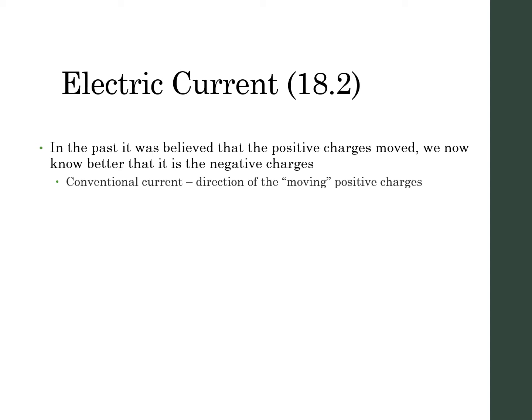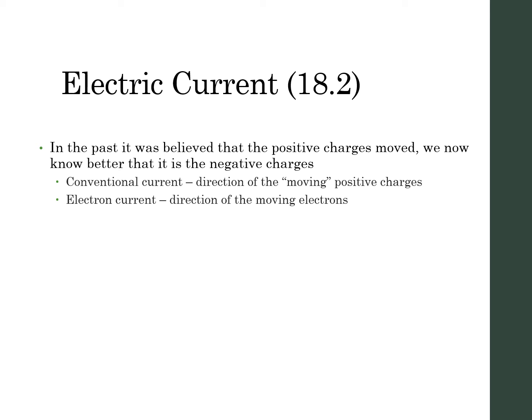So the conventional current is the traditional current, and it's the one where the positive charges move. The electron current is the real current. It is explaining reality. It is the direction of the moving electrons.